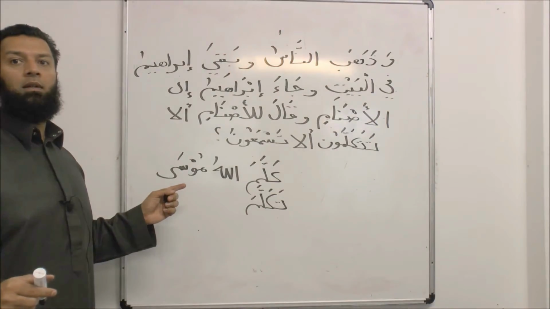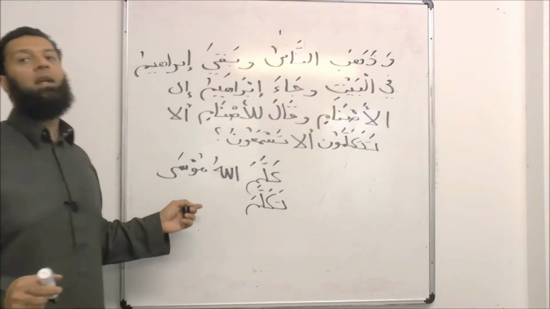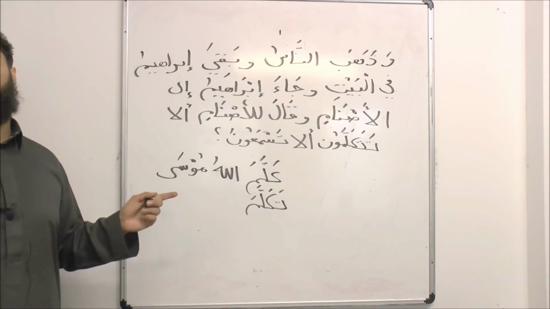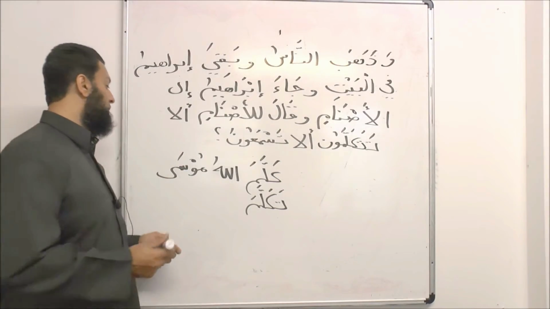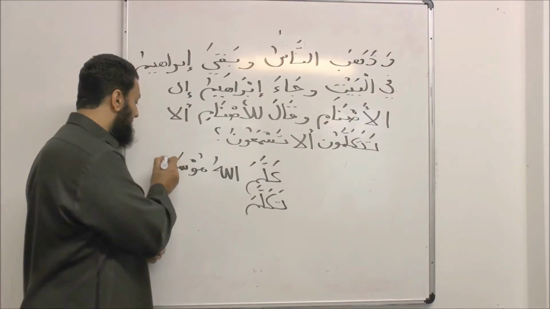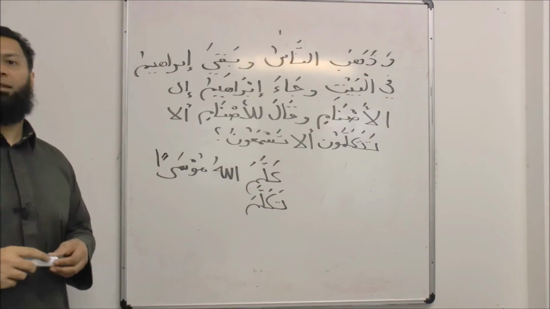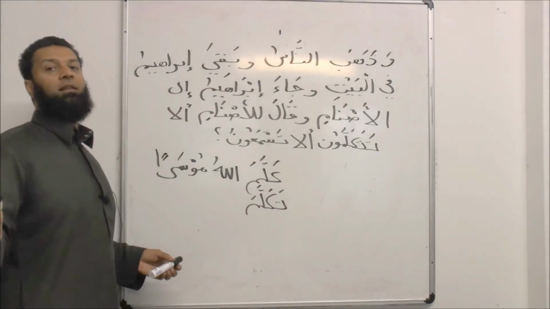Musa here is the direct object. But why does Musa not become Musan? Because it is a non-Arabic name.